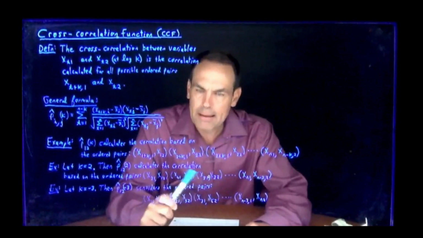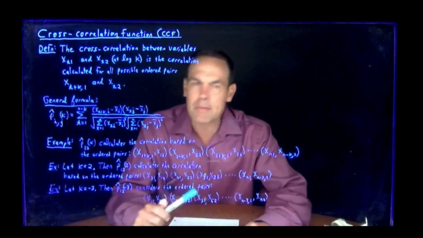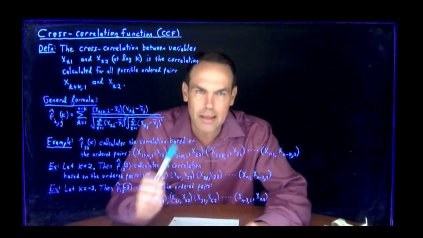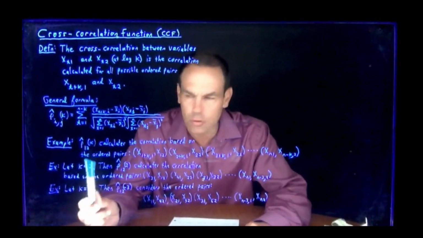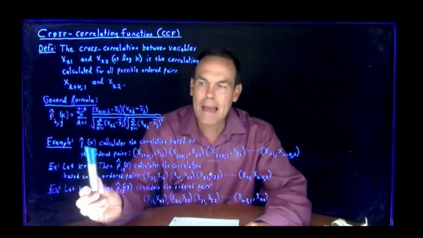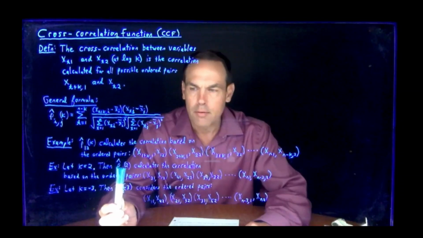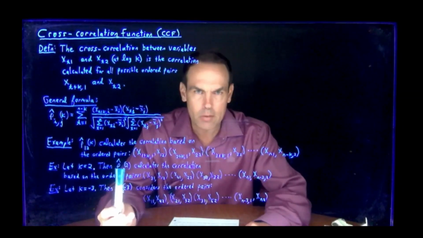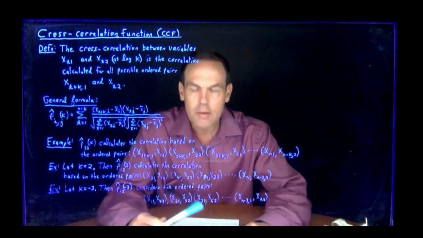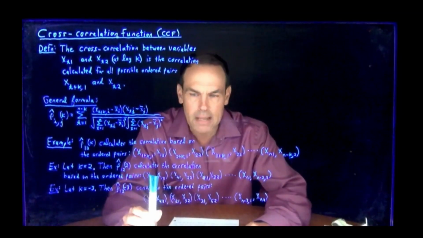Okay, better. I think that helps a little. Now, what will really help us is if we make up a lag number. Let's let the lag be k equals 2. If k equals 2, and we're looking for rho hat 1,2 of 2, that is the cross correlation between variables 1 and 2 with a lag of 2, then we're going to calculate the correlation coefficient based on this set of ordered pairs.